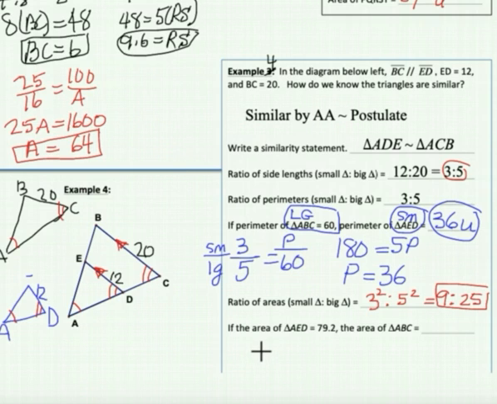Let's use that to find the area of the bigger figure, triangle ABC, if we know the area of the smaller one. So again, I'm going to go ahead and write up here that this is the area of the smaller figure. So I'll know which one goes on top and which one goes on the bottom of the fraction. And this is the area of the larger figure.